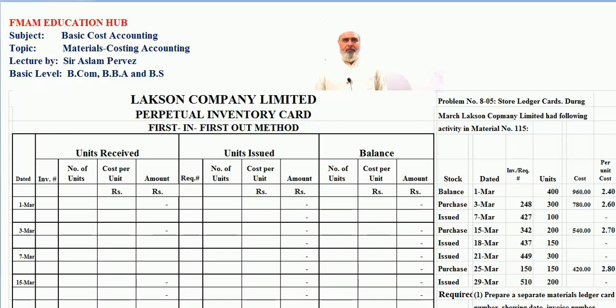Today we are going to learn the subject of basic cost accounting, in which we have a new topic: materials, costing and accounting.